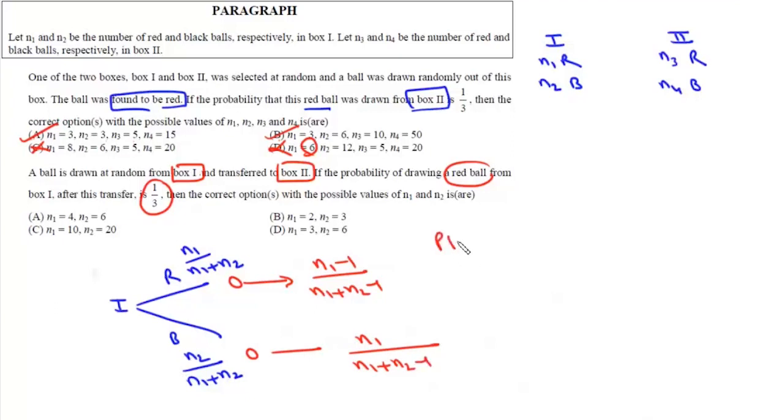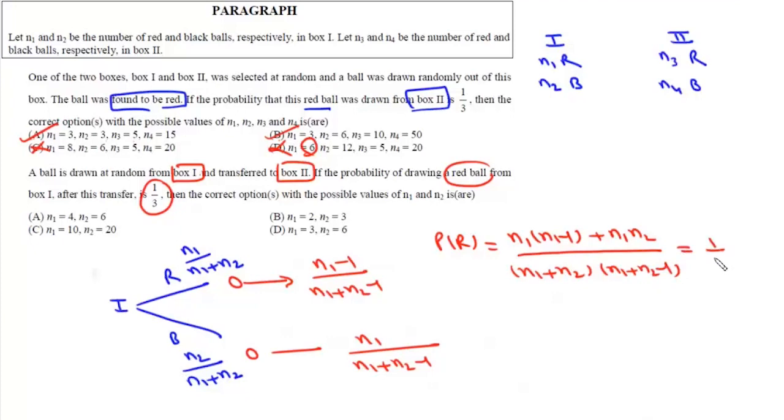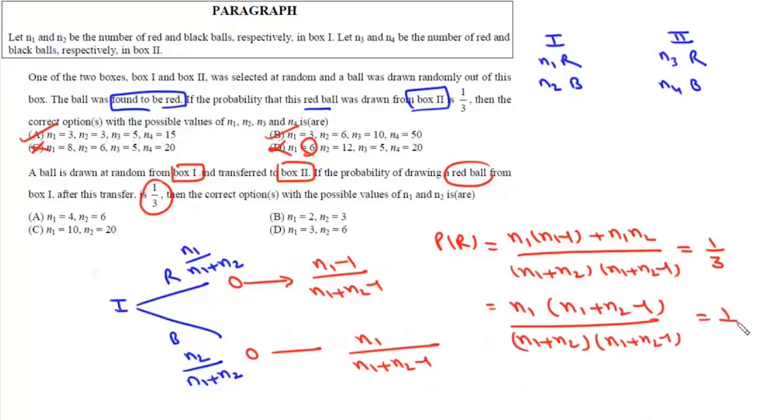So the probability of drawing a red ball after this transfer will be n1 into n1 minus 1 plus n1 into n2 upon n1 plus n2 into n1 plus n2 minus 1, and this probability is equal to 1 by 3.